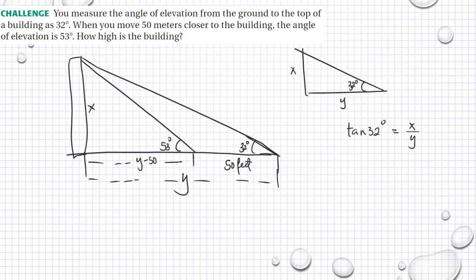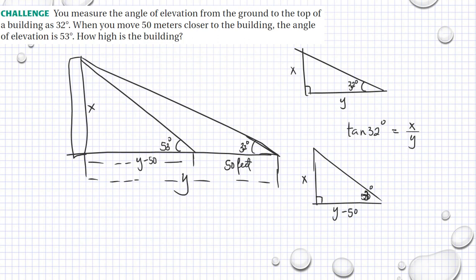And then we have the next one. We have another right angle, 90 degrees. And this is still our x, and this is 50 now, 53 degrees. And then this one is y minus 50 meters.